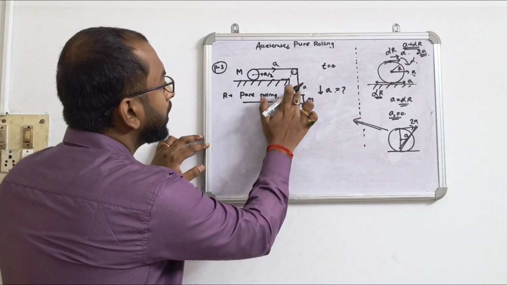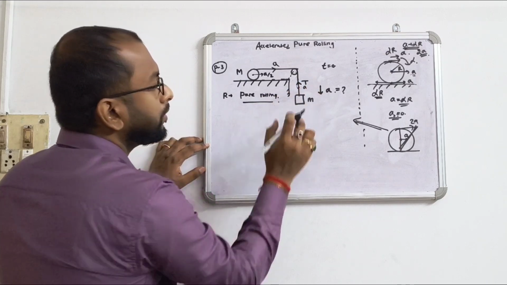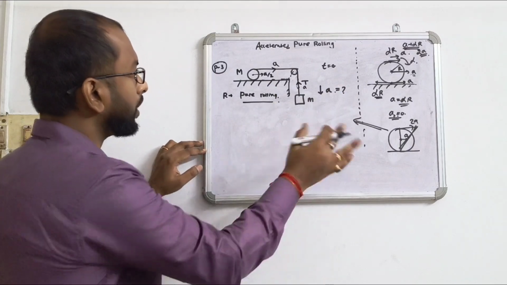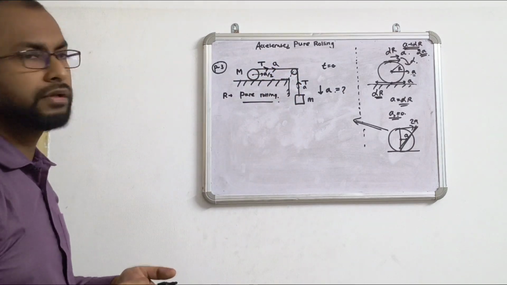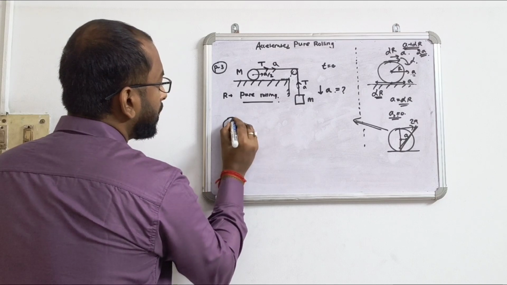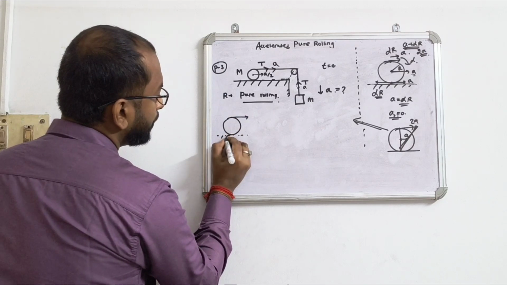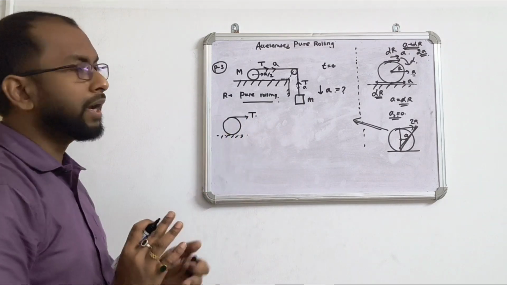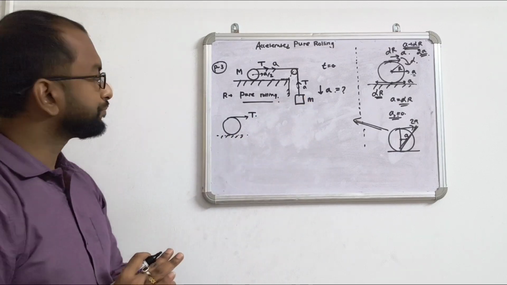And one more thing, tension for this body of mass small m is acting in the upward direction. Tension is acting for this cylinder like this. So it is very similar to the force applied at the topmost point for the pure rolling case. Here, instead of capital F, we are applying tension, and that tension is generated due to this mass.